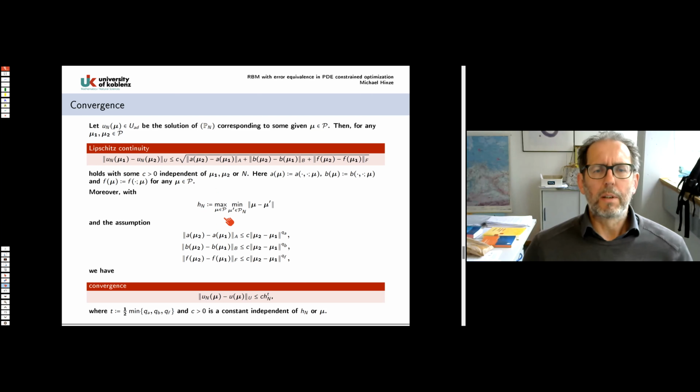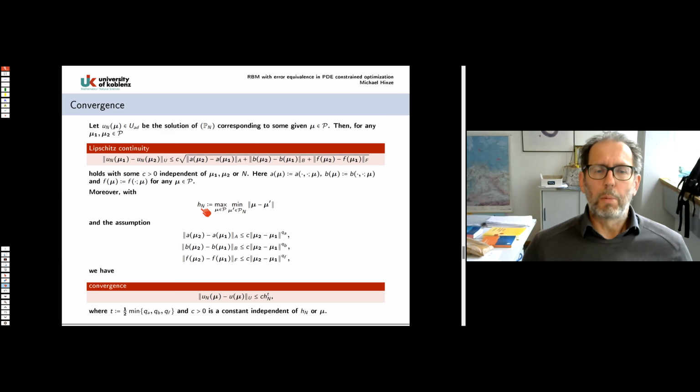So P_n is a set of parameters I use for the construction of the reduced basis space. And then I define the grid size, or the distance, from a parameter set here.